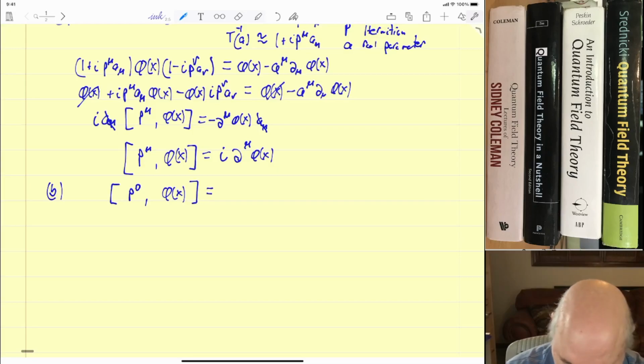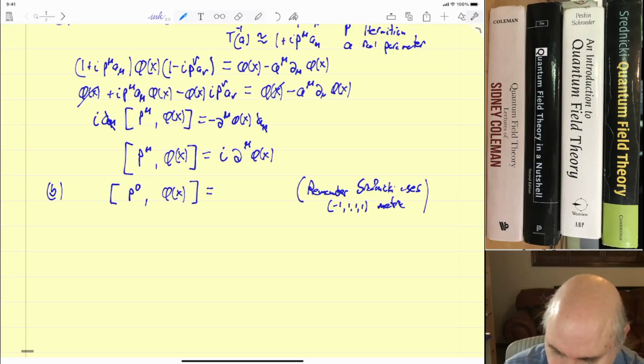Now, remember, we're using the East Coast convention, which uses a metric such that when we raise and lower time indices, we get a minus sign.